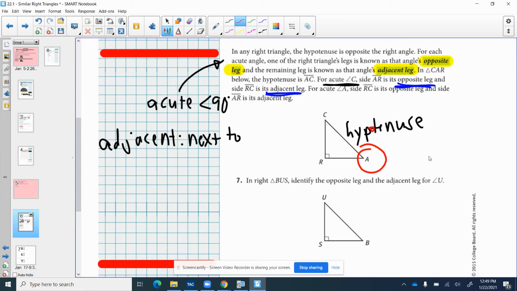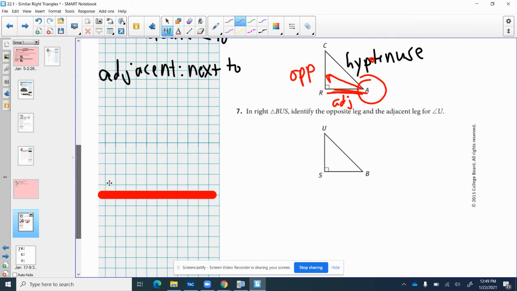But this time for acute angle A, the opposite is going to be CB, and the adjacent would be, again, the side next to angle A that's not the hypotenuse. This would be your adjacent. So it's very important to circle and recognize what angle you're talking about when you are labeling opposite and adjacent.